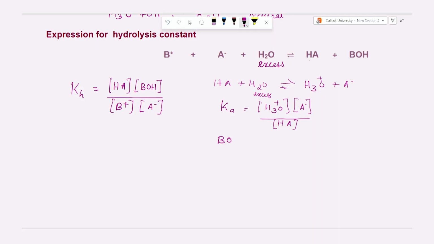Now, since the base is also weak, we have to consider the dissociation of the base too. So, take BOH, which gets dissociated as B plus and OH minus. Now, again here Kb is equal to concentration of B plus into concentration of OH minus, whole divided by concentration of BOH.